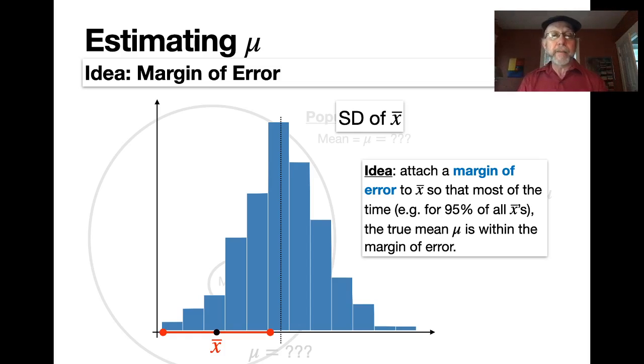And I'm indicating that here by coloring the confidence interval red. But the idea is going to be that we choose the margin of error so that most of the time, in fact, a prescribed percentage of the time, the true mean does, in fact, fall within the confidence interval. And again, you're seeing that here as I color the confidence interval green.